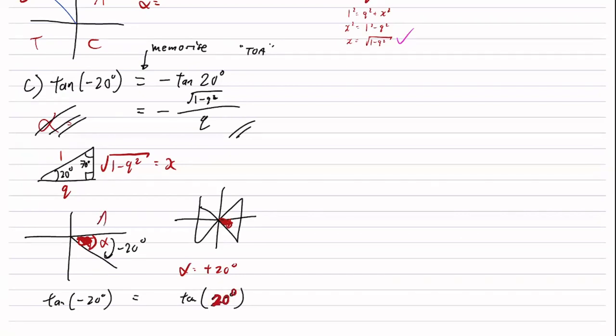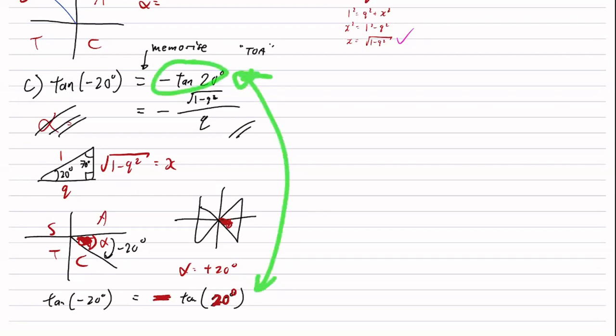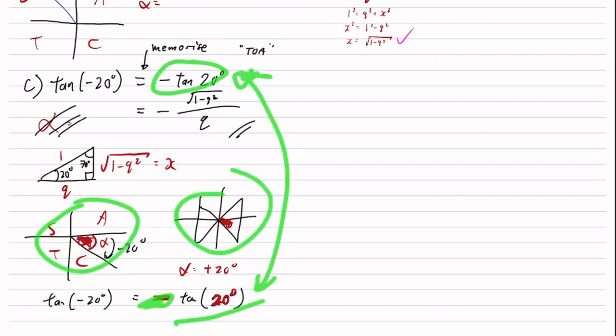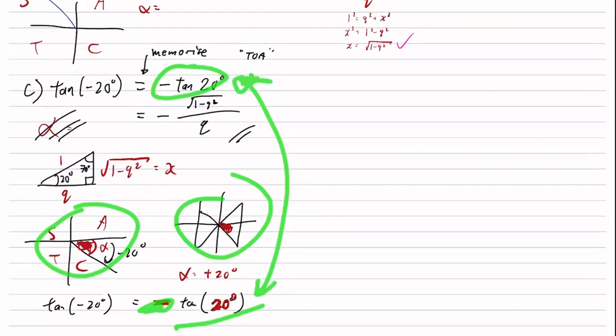But here is ASTC, C is positive, so tangent must be negative, which is the same as the thing we memorize. Okay, so maybe it's better if you don't memorize, just use the alpha trick because it always works. Can? ASTC ribbon diagram, then negative tangent 20. Yeah. Okay, good. That's part C done.